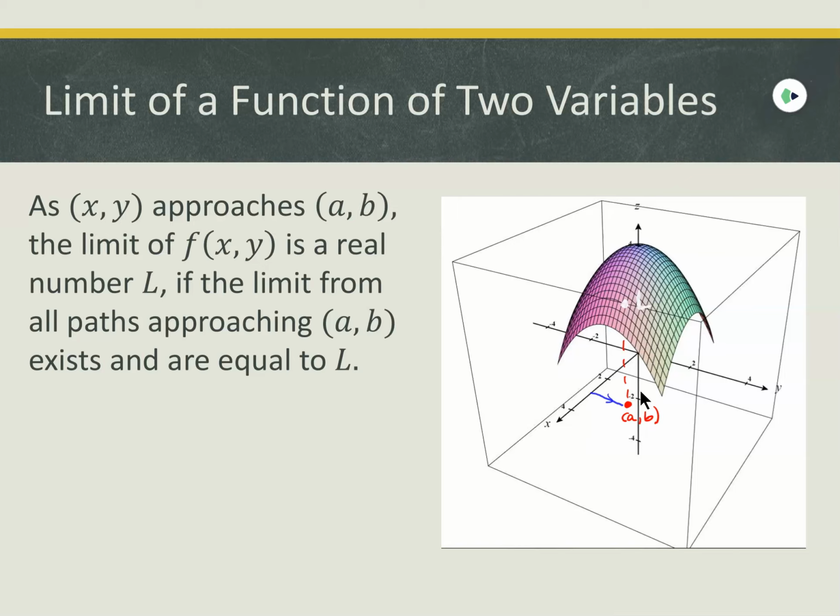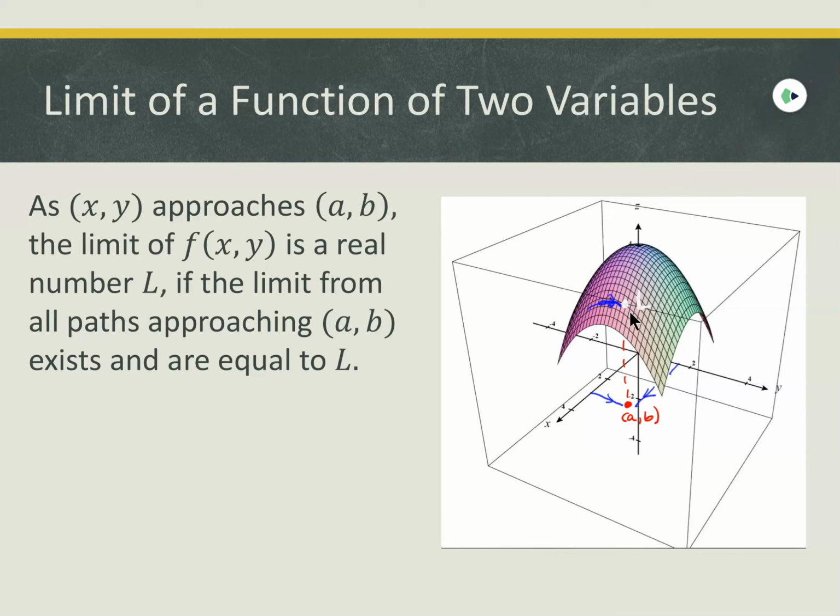So on my surface here, that path would look something like that, and as the points in the xy plane get closer and closer to AB, these output values, these z values, get closer and closer to this L. I could also consider a path coming perpendicular from the y-axis, looking something like that as x and y get closer and closer to the point AB.